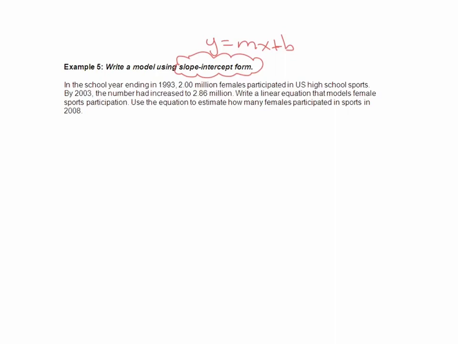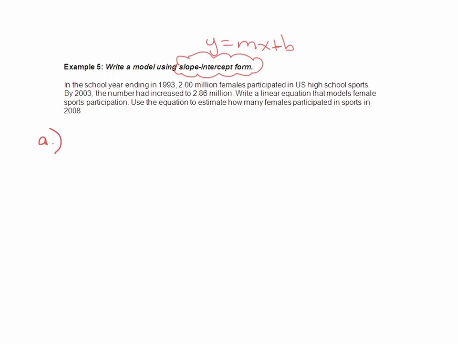Write a linear equation that models the female sports participation. So that's part A. We got to write an equation, right? So we're going to write a y equals mx plus b in part A. And then in part B, it says use the equation to estimate how many females participated in sports in 2008.